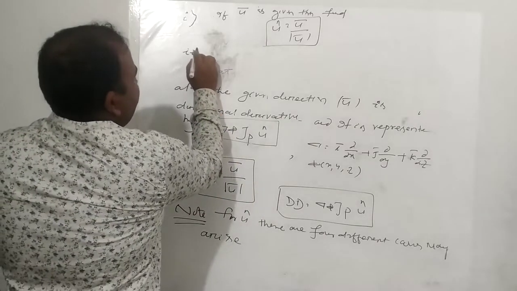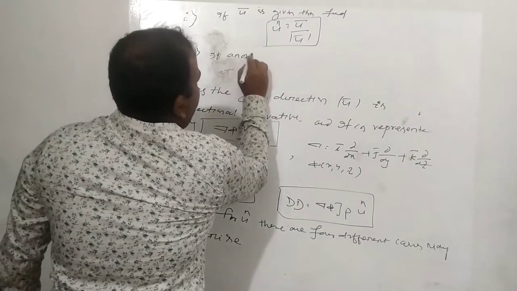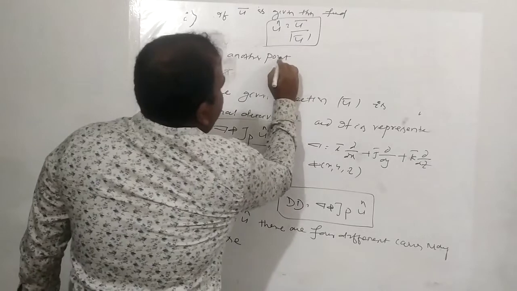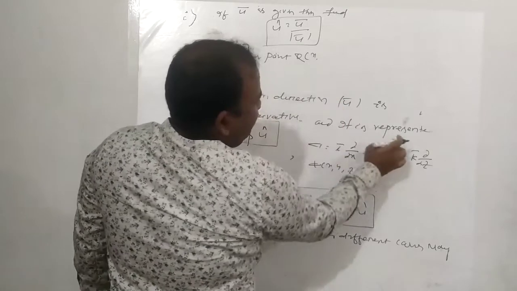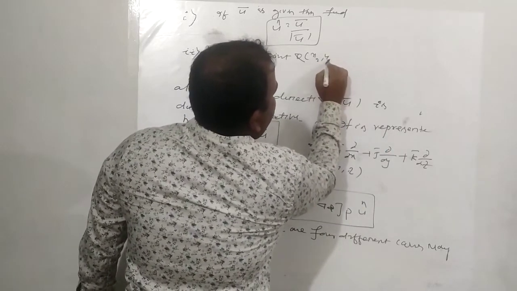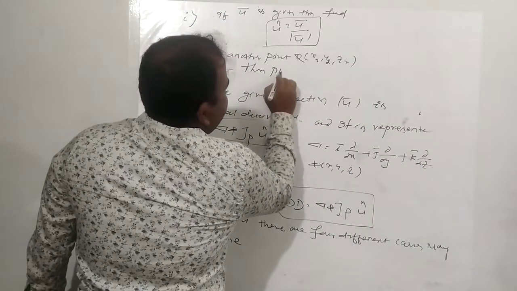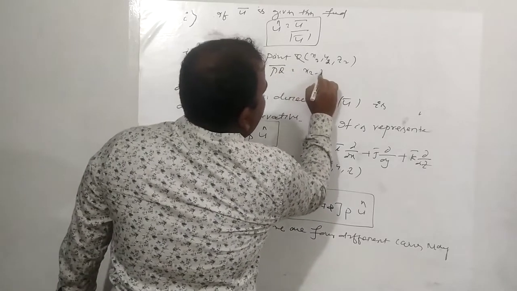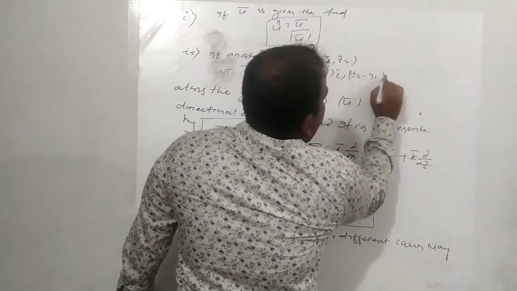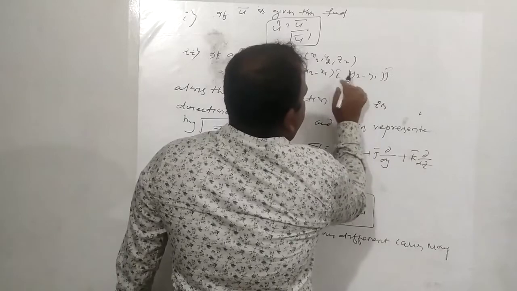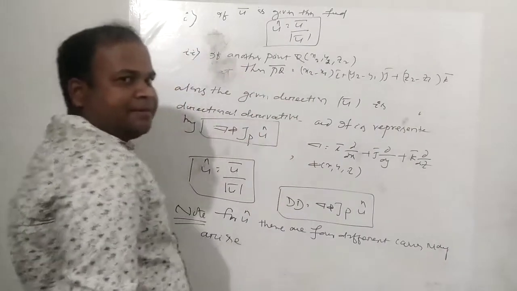Second case: if another point Q is given, where P is x1 y1 z1 and Q is x2 y2 z2, then find the PQ vector, that is x2 minus x1 i, y2 minus y1 j plus z2 minus z1 k.